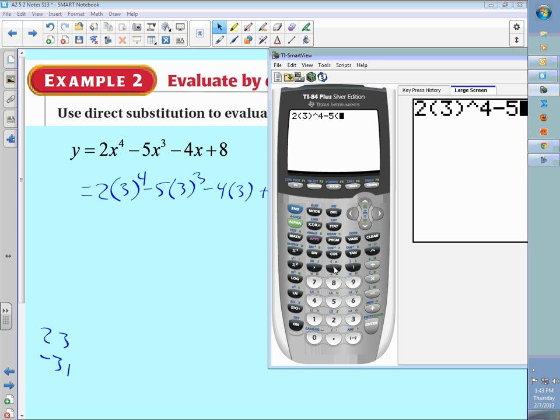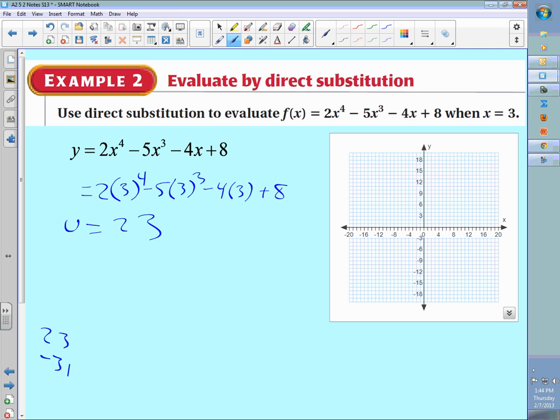Minus 5 parentheses, 3 parentheses, raised to the power of 3. Minus 4 parentheses, 3. Plus 8. You should almost all be able to put that in your calculators. There's only a couple of you who can't. And then all you have to do is press enter and get 23. So all I would need is that the y is 23.